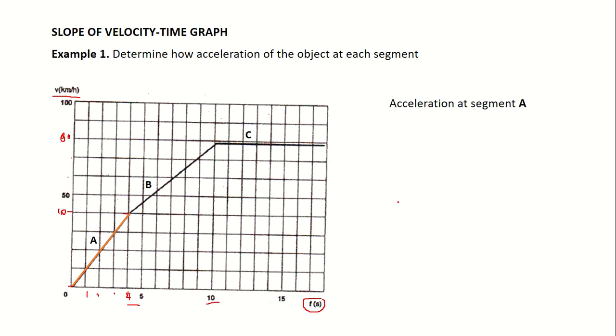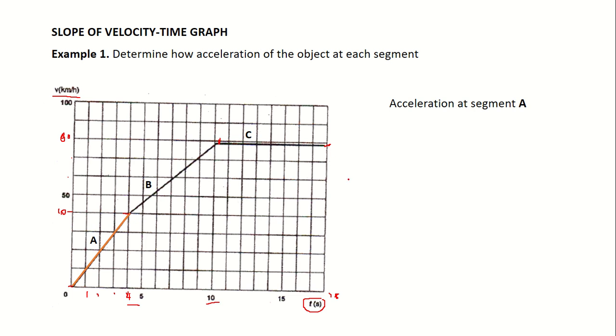That's segment B. And then from 10 to 18, here, from 10 seconds to 18 seconds, I was traveling at a constant speed of 80 kilometer per hour.